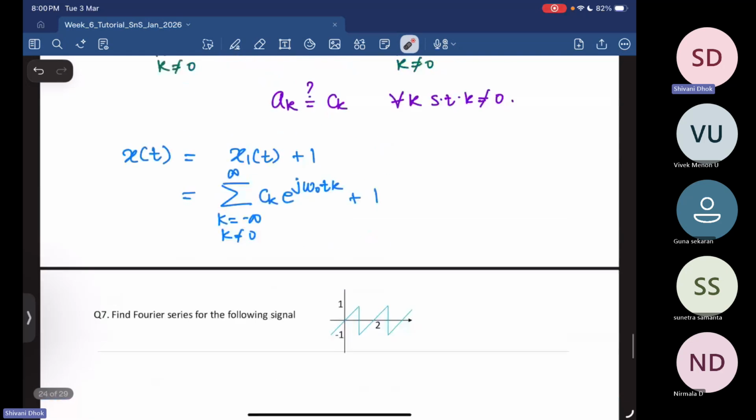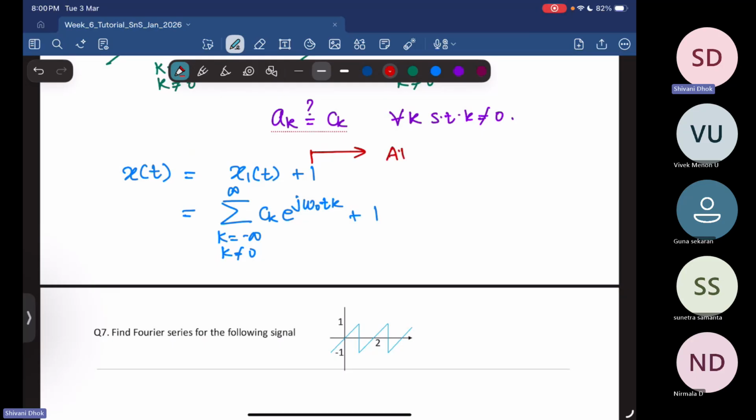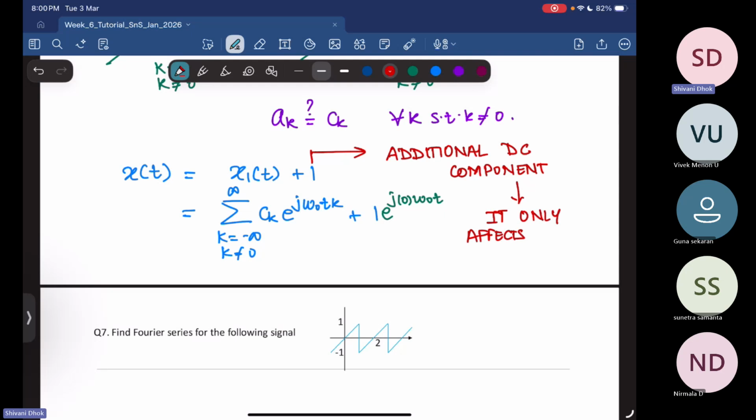So if you are adding a constant term, an additional DC component, it only affects the Fourier series coefficient for k equal to 0. Otherwise, for k not equal to 0, your entire series remains same.